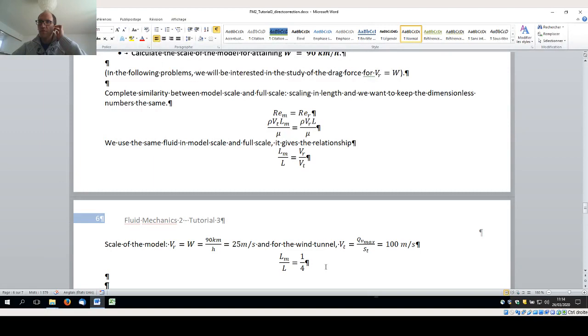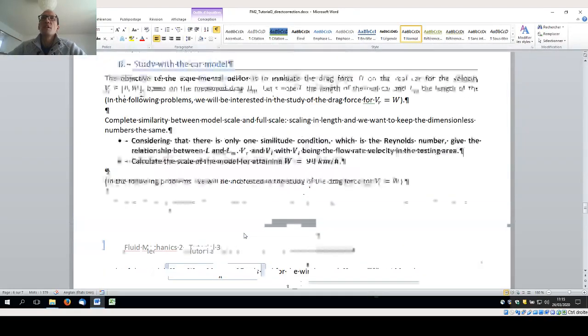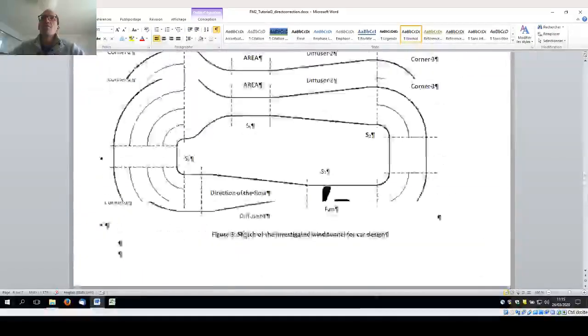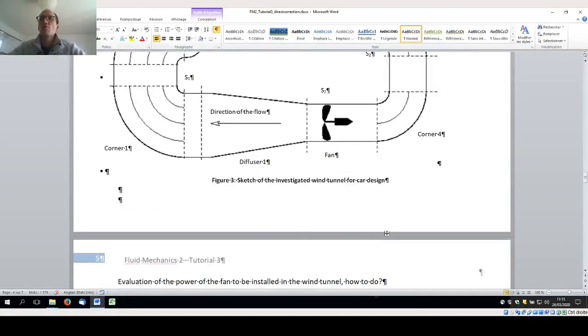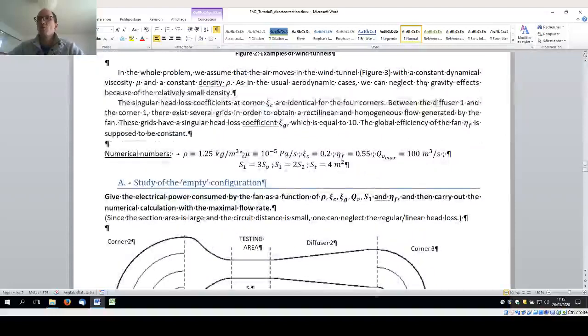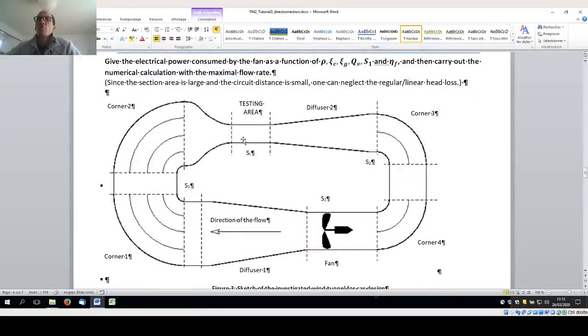So this means that in order to test a car going at 90 kilometers per hour inside this facility, which is functioning at full rate, so with the volume flow rate of 100 meters cubed per second, you will test your car with a scale of 1/4.